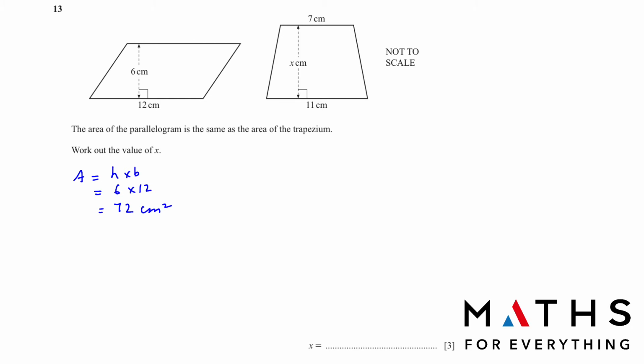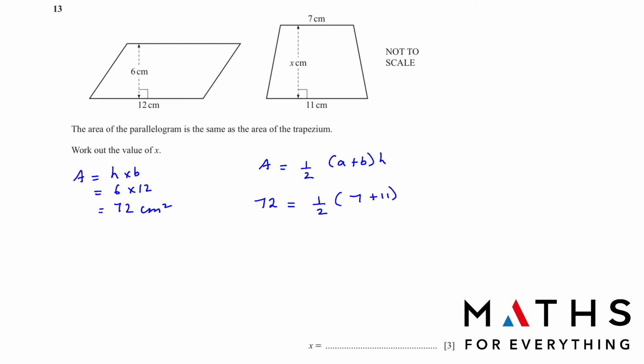To find the area of the trapezium, we use the formula A is equal to half (a plus b) h. Here our a and b are our parallel sides and h, as you know, is the height. And as the area of the parallelogram and the trapezium is the same, we replace our area with 72. a is 7 and b is 11 and height is x.